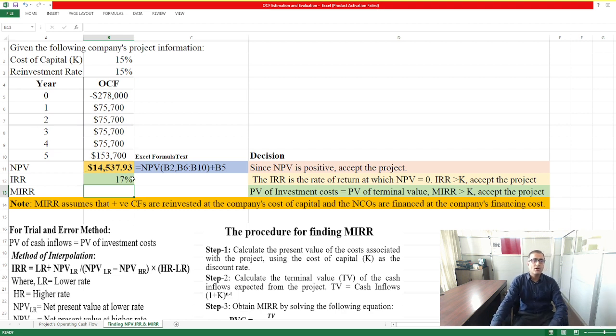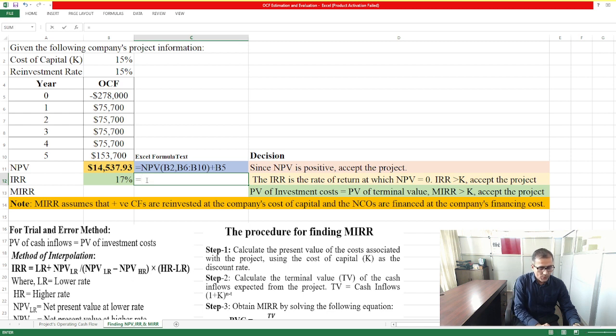Then we see that our internal rate of return is 17%. Similarly, what we did here, you select formula text, then select B12, and enter it. That is, IRR is the function of B5 to B10, where we select all cash flows.